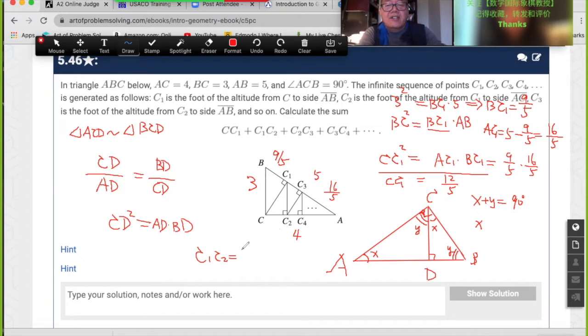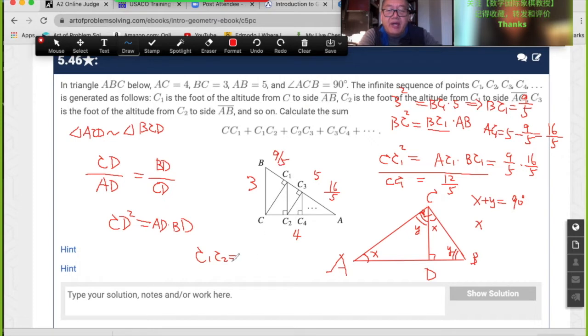So now let's calculate this. Actually, you can do it either way. In triangle ABC, triangle AC1C2 is similar because this line is parallel with BC.